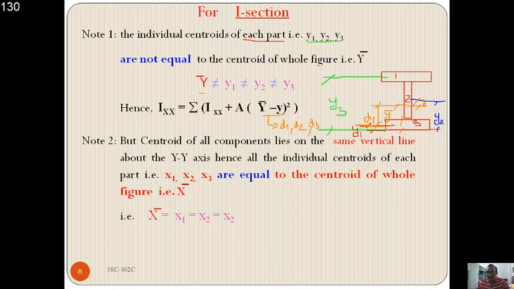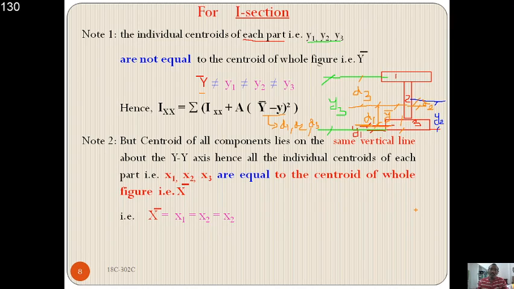This difference is d2, right? From this point to this point, this is d3. So this is how we need to calculate each of those parallel axis distances, and they get multiplied with the areas, and you will obtain the final moment of inertia of the total figure by summation of all those things.